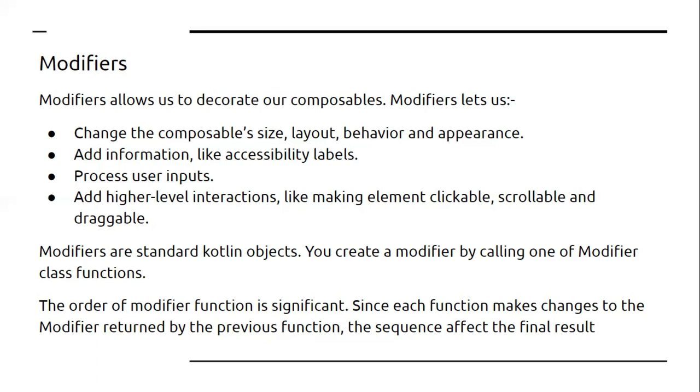And a modifier is a standard Kotlin object. So you create a modifier by calling one of the Modifier class functions. The order of modifier functions is significant, since each function makes changes to the modifier returned by the previous functions. The sequence affects the final result.